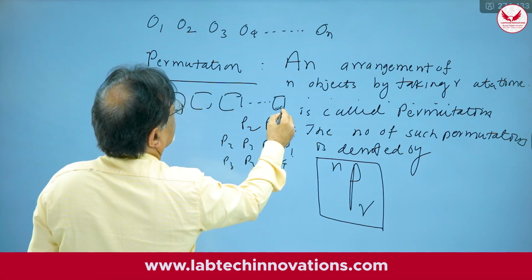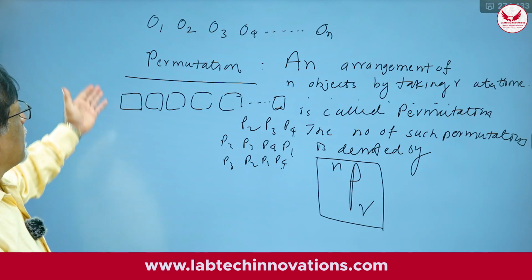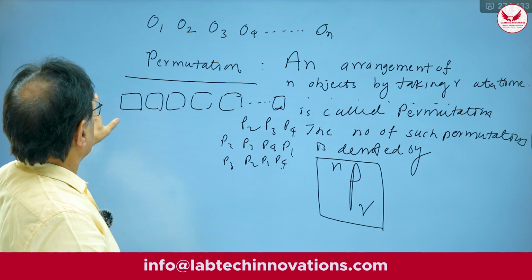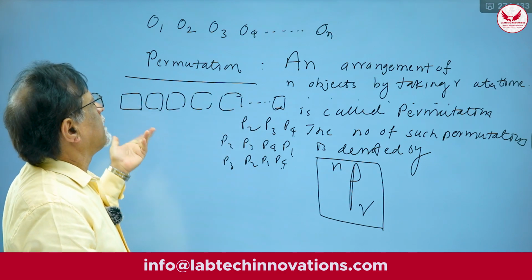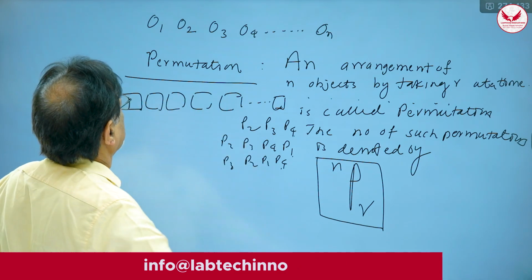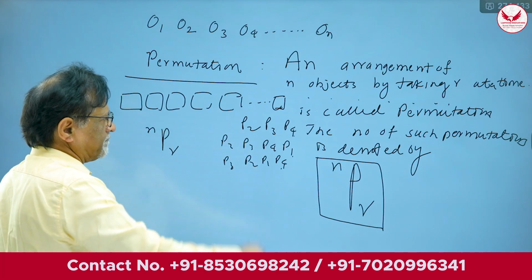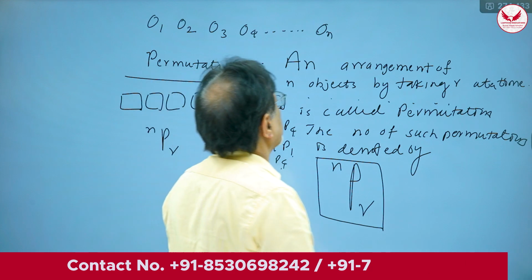But I have got n objects to fill r places, right? So the total number of such arrangements that can be done is denoted by nPr.